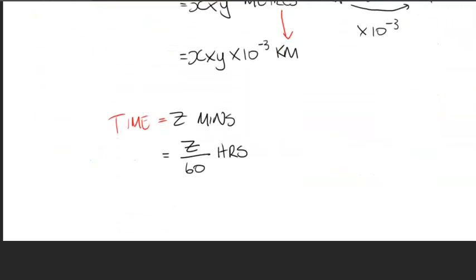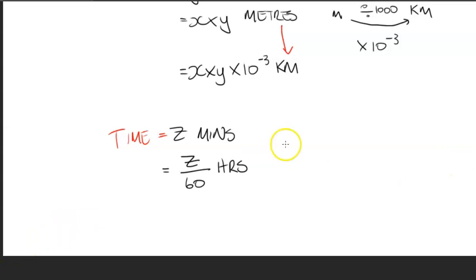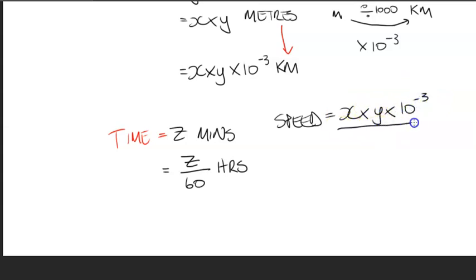So what I will show you, and then what you can figure out from there, is to get my speed, which is my distance, x times y times 10 to the power of -3, over my time, which is z on 60.